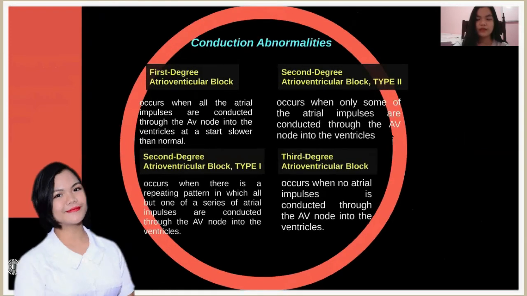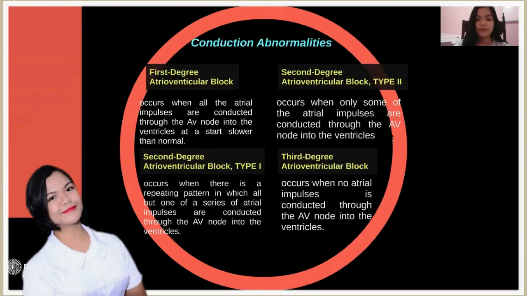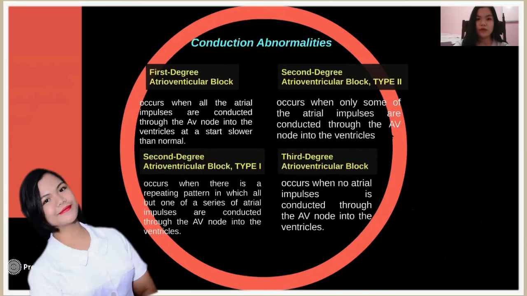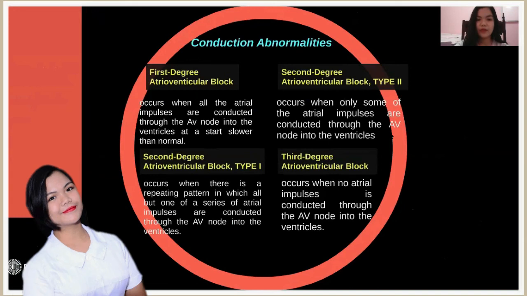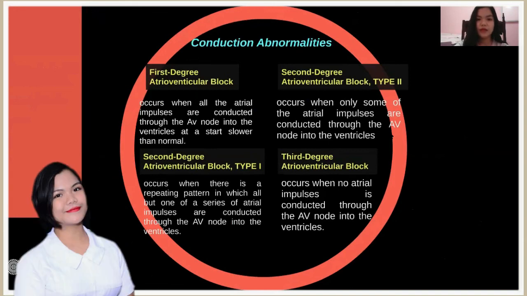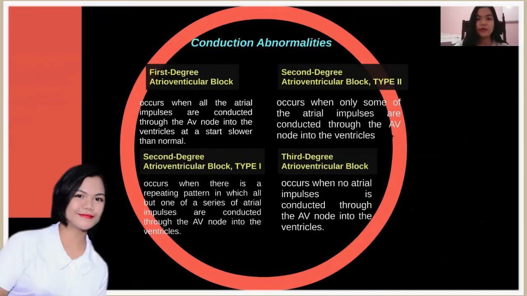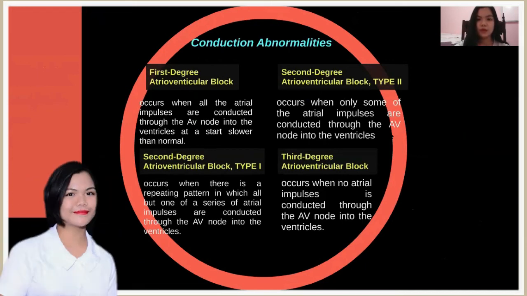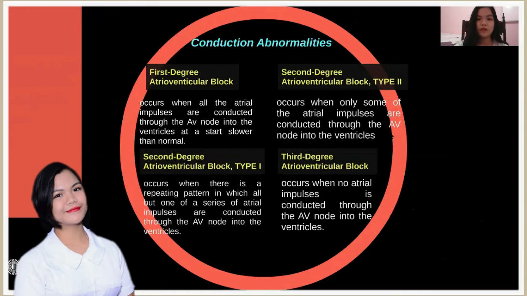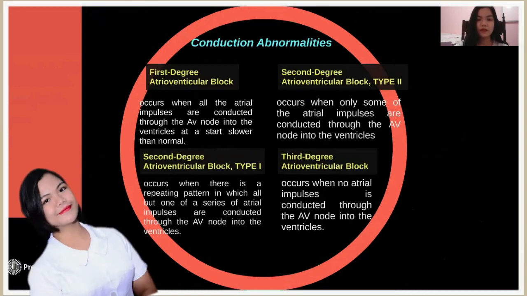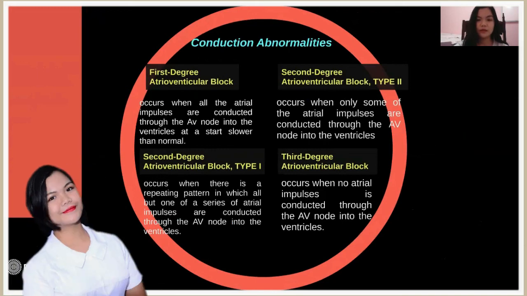There are 3 degrees of AV block. The first degree AV block occurs when all the atrial impulses are conducted through the AV node into the ventricles at a rate slower than normal. The second degree atrioventricular block type 1 occurs when there is a repeating pattern in which all but one of a series of atrial impulses are conducted through the AV node into the ventricles.